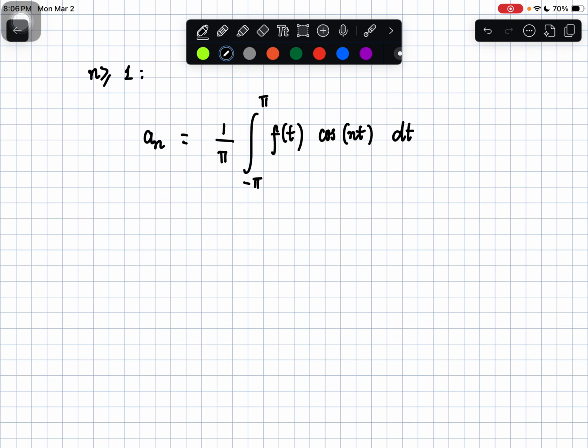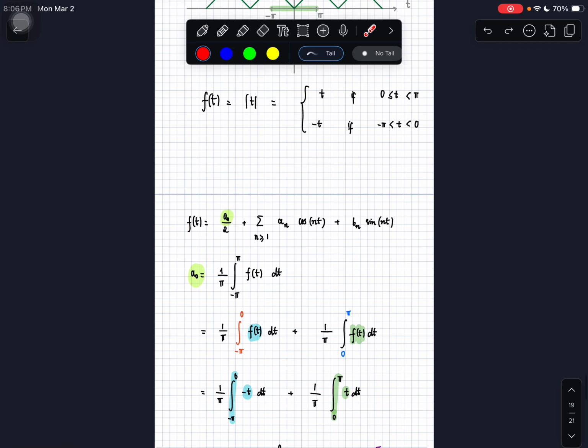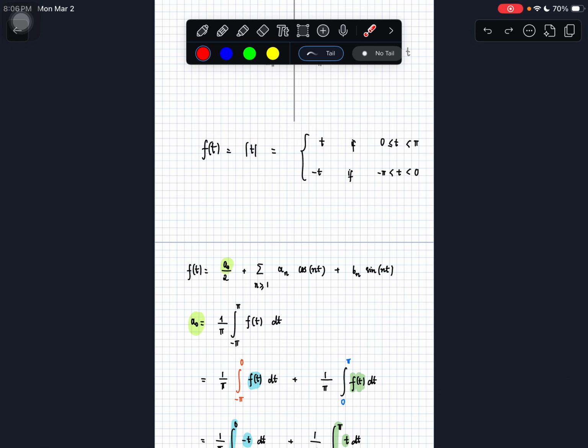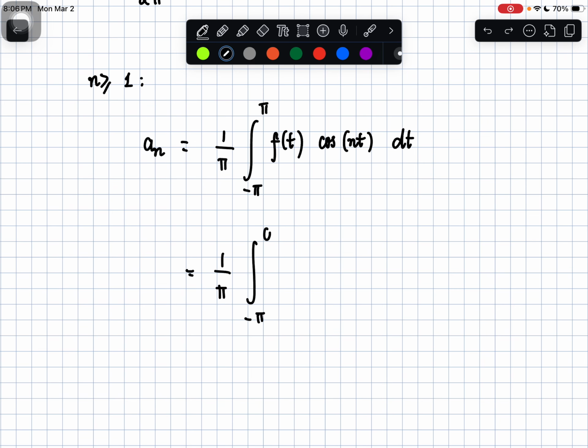And this equals 1 over pi, the integral from minus pi to pi of f(t) cosine nt dt. We have two formulas for f here, so you decompose into two intervals. As before, minus pi to 0: f(t) on that interval is minus t, times cosine nt dt.